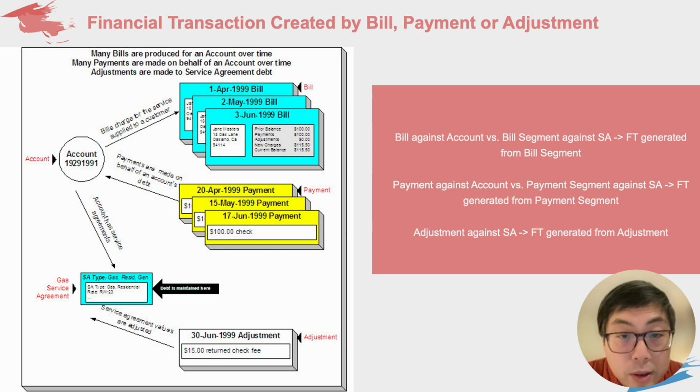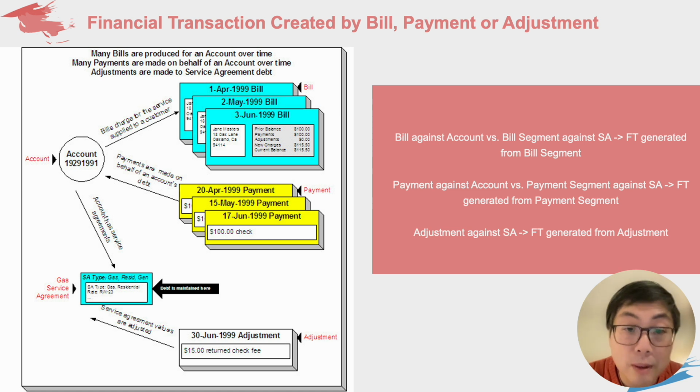A financial transaction is generated by the bill, but the bill is against an account. So on an account, you will have bills, and a bill is constructed from bill segments. Each bill segment is against a service agreement.